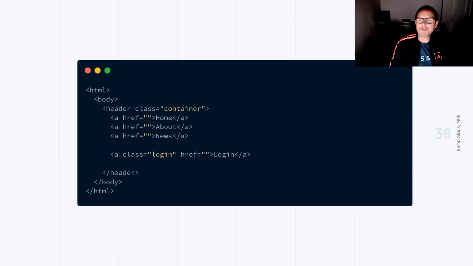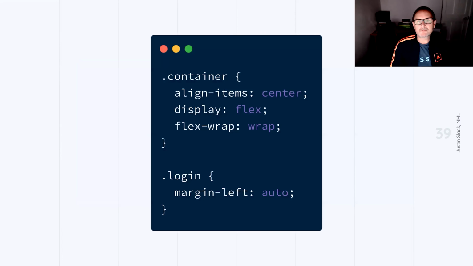And as soon as we say display flex on this, all of these items will be lined up in a row. So everything will be horizontal, just with that one item. And we can align them in the center, just with align items center, display flex and flex wrap, which means as the screen gets smaller, the items will just wrap. And to position that login on the right, we can simply give it a margin left of auto.